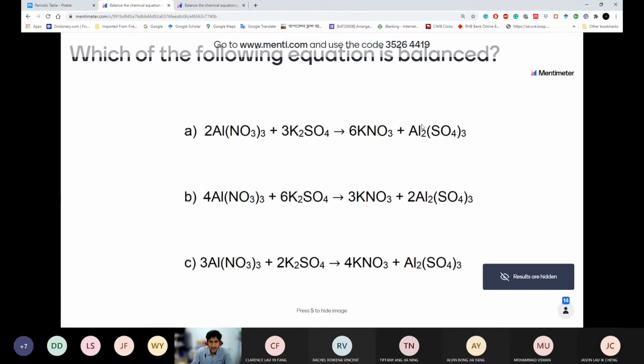So 2 aluminium on this side, 2 aluminium on this side as well. Nitrate 3 here, so here 6 nitrate. Sorry, it's 6 nitrate, 2 times 3, right? 2 times 3, 6 nitrate. So this is balanced, this is not balanced, and so on.